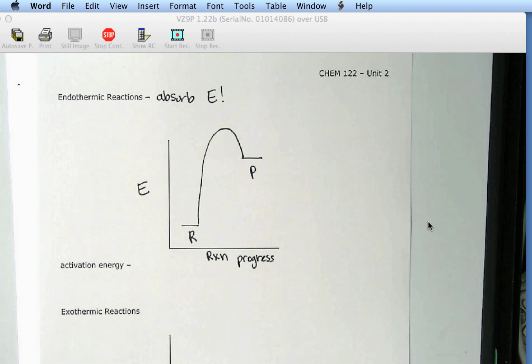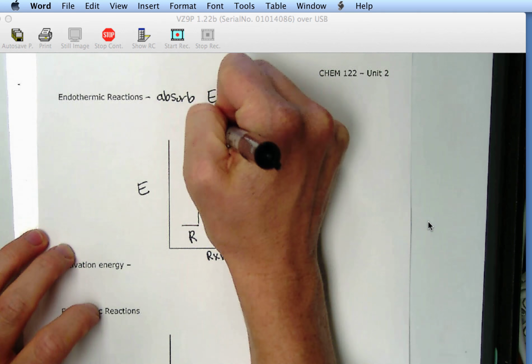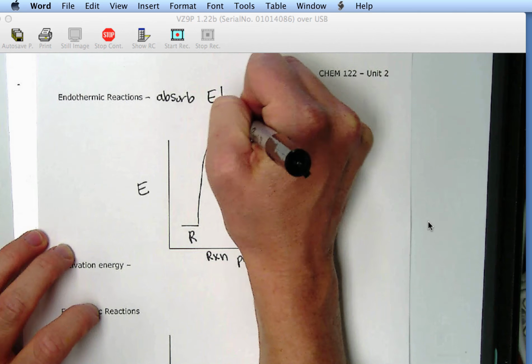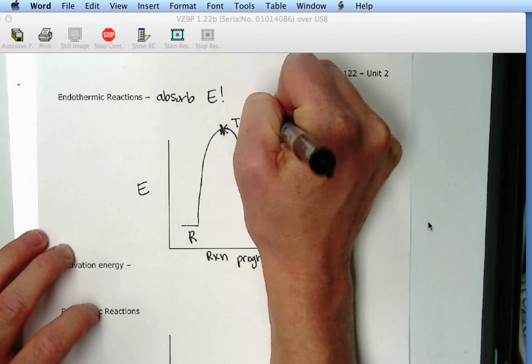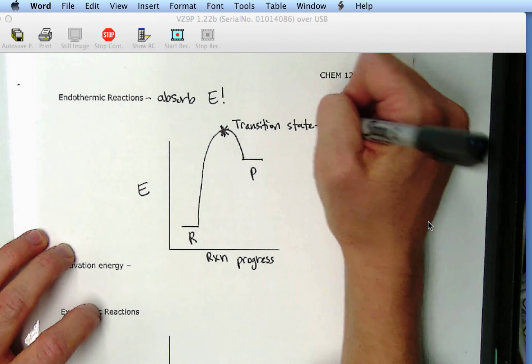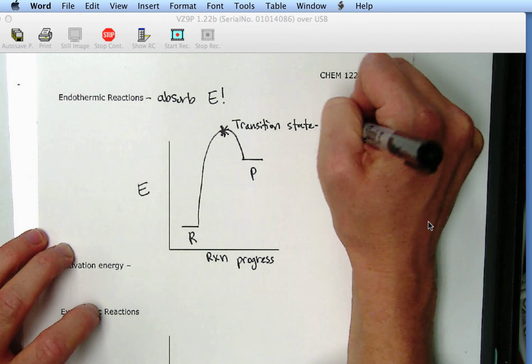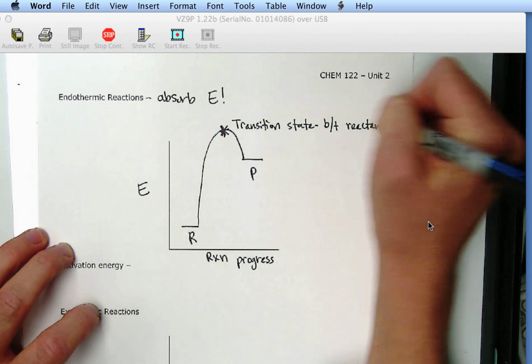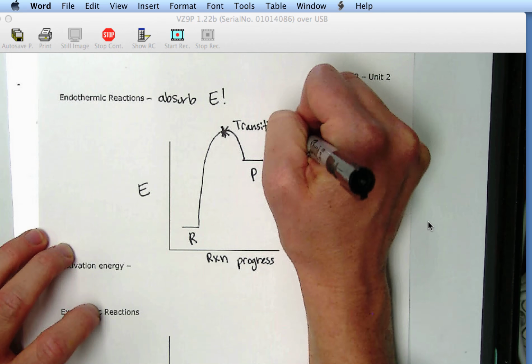You're not a reactant, you're not a product. That is called the transition state. So this is between reactants and products.